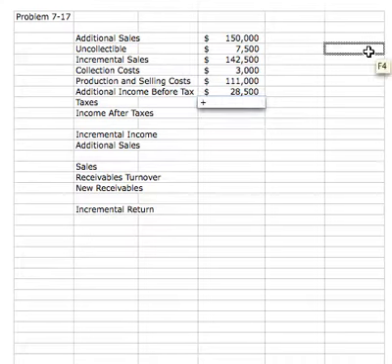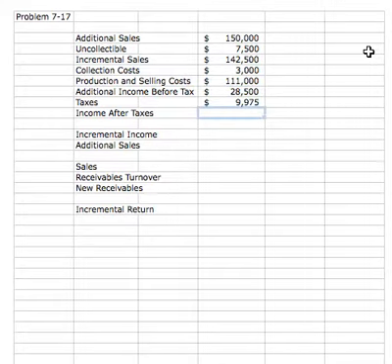So in other words, of this $28,500, the government gets 35% of it, $9,975. That means income after taxes would be $28,500 minus the amount of taxes that we have to pay, $18,525. So that's the answer to letter A.